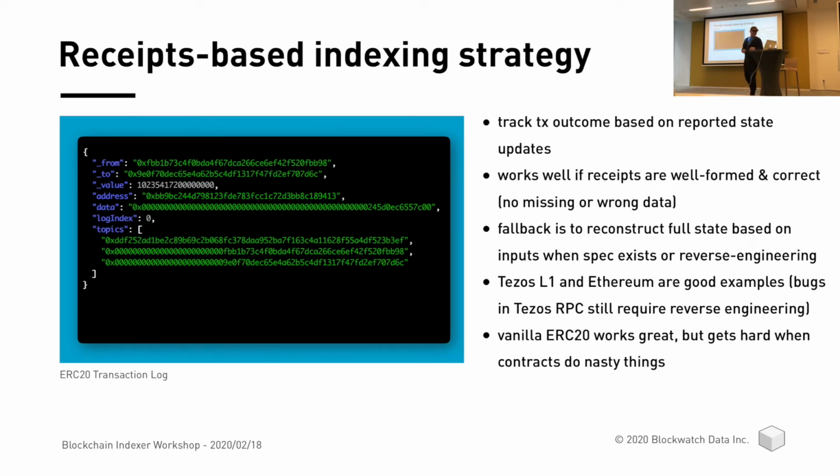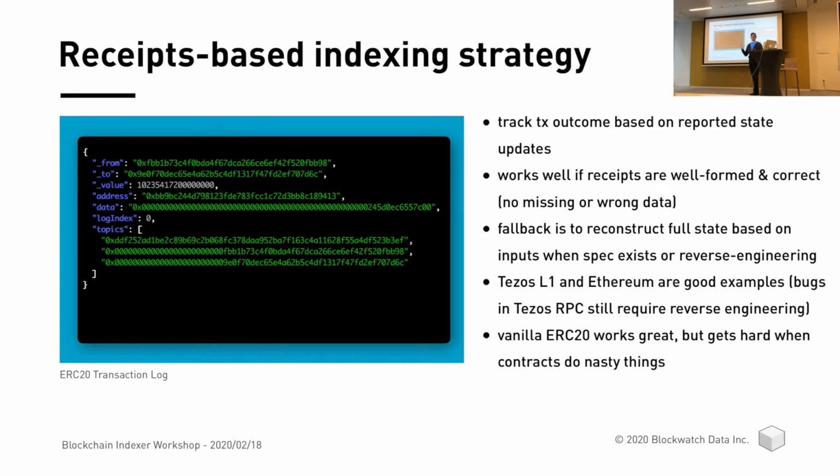The third strategy, and this is the strategy we have to use for Tezos smart contract indexing, is storage-based indexing. What that does is you observe the updates to the storage in order to detect what has happened during the execution of the contract, and you adapt your own index, your own database model, to what you actually saw from the outcome.